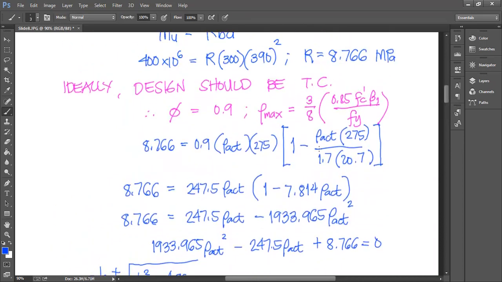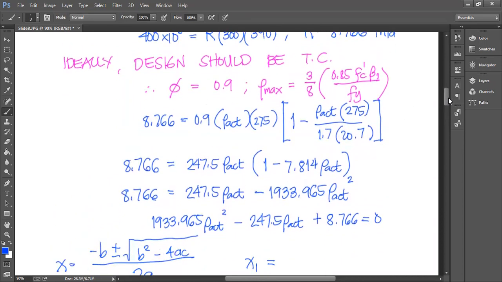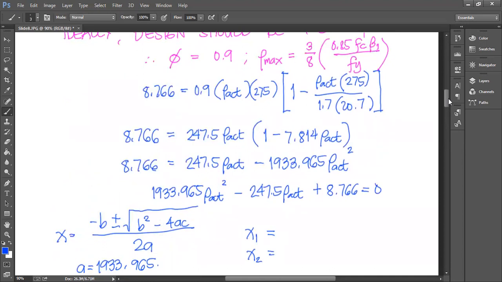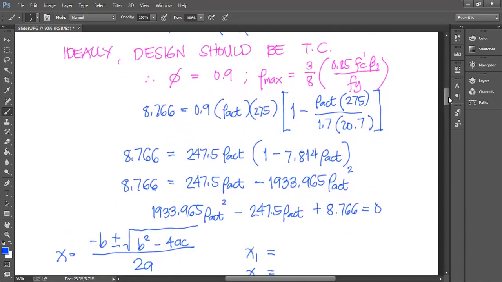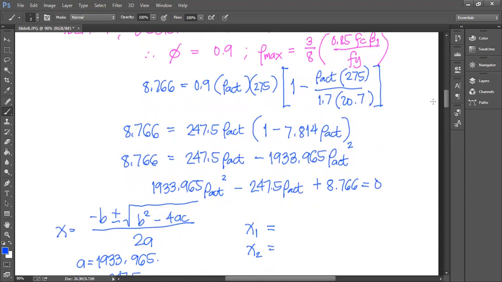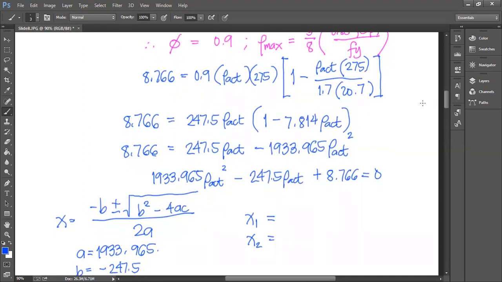Nag-iisip ako ng way kung paano ma-justify, since ayoko maging fail itong particular example natin.